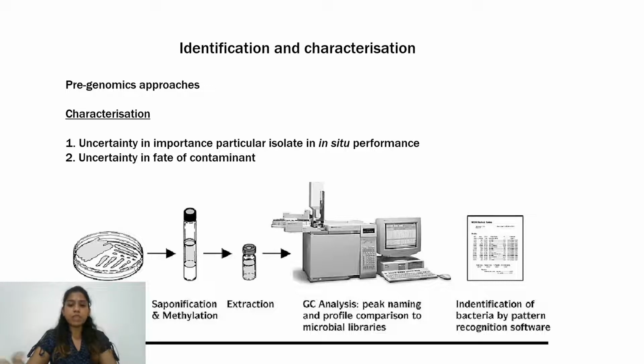They move through the gases at different speeds depending on the size of the molecules, and we get these peak patterns for individual microorganisms depending on how they convert the esters. Based on that pattern, we can use pattern recognition software to differentiate each of the microbes and classify them as different microbial organisms.